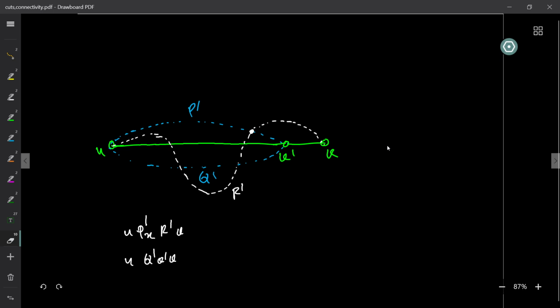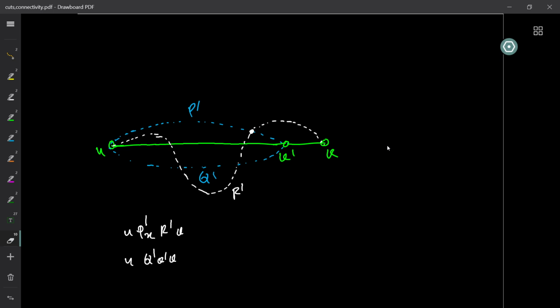Let us say that p dash and q dash are these two paths. Of course, these paths need not use the edges of the shortest path that we considered before, or maybe they do. We don't know, and it doesn't matter, but they are internally disjoint. That's all we know.